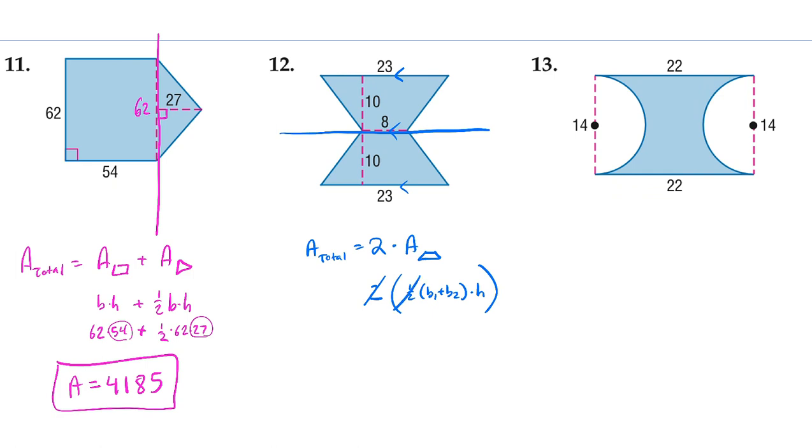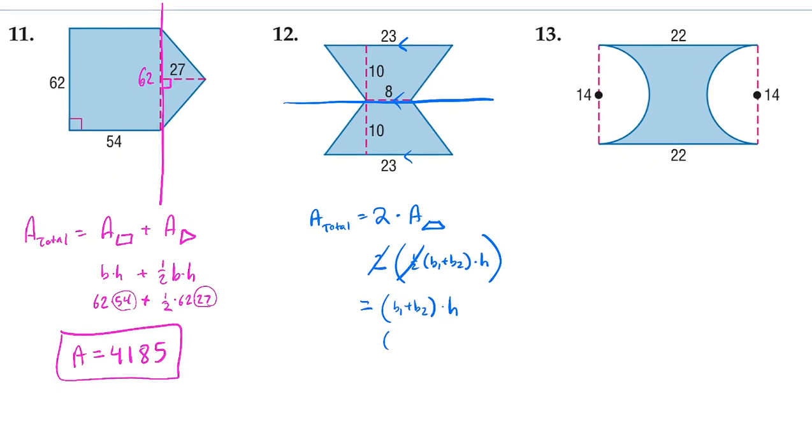Well, the 2 times 1/2 just cancels, and so we get base 1 plus base 2 times height. And so the base 1 and the base 2, we add the 8 and the 23, and that's times the height of 10. So we get that's 31 times 10, or that the area is 310. This is cool.